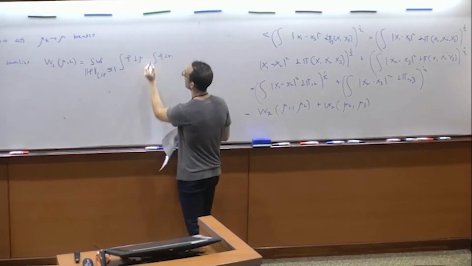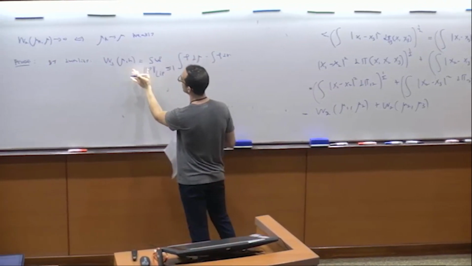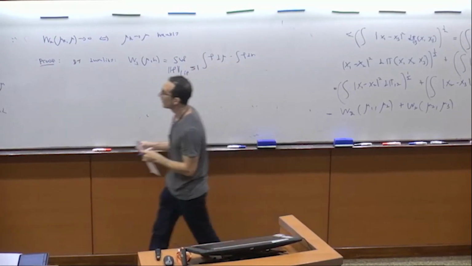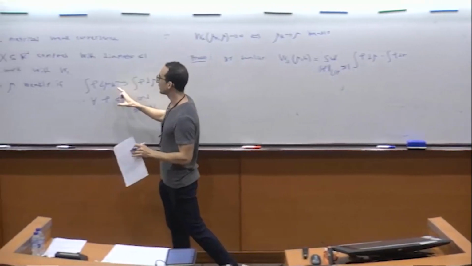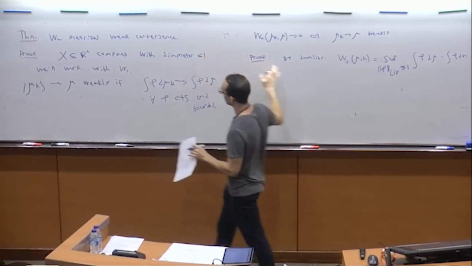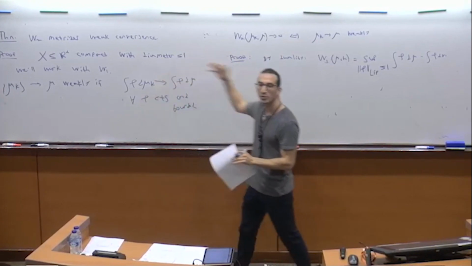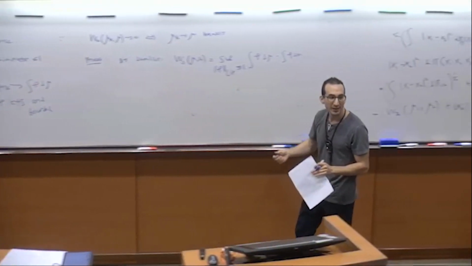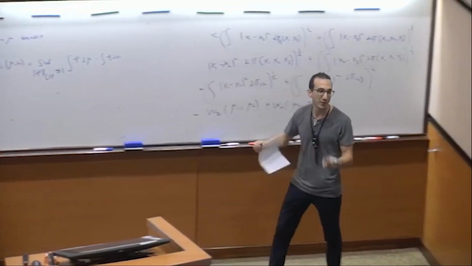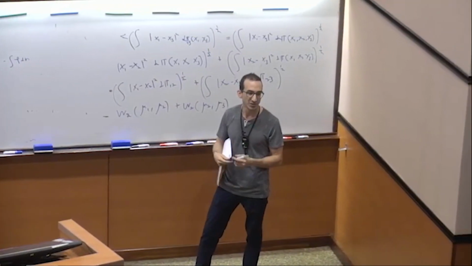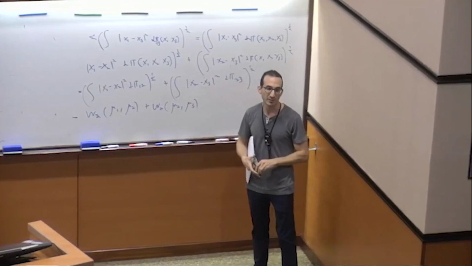But then the point is, because we have this representation, Lipschitz functions are going to be continuous, so therefore you will get weak convergence, and if you wanted to go the other way, you will just approximate general continuous functions by Lipschitz functions. So it would be an approximation argument.